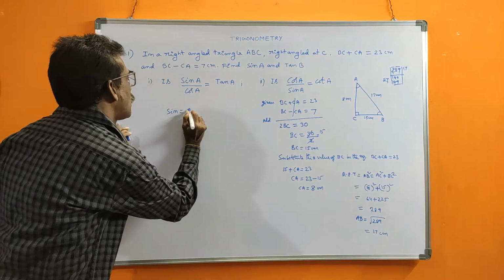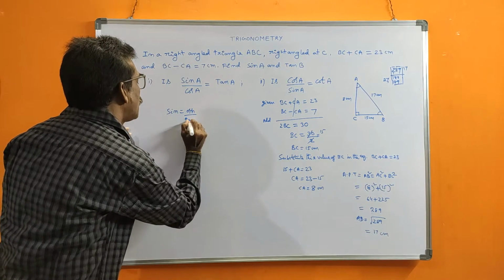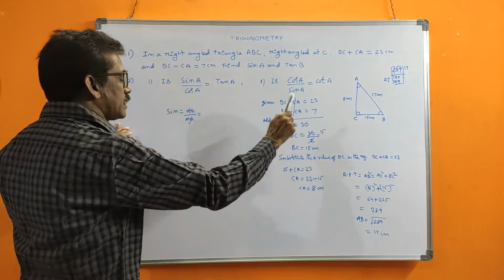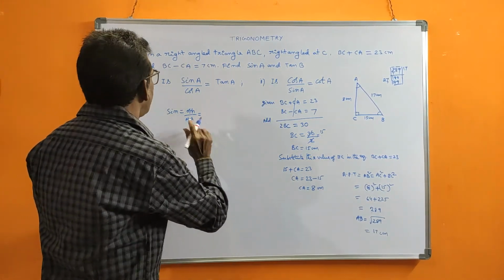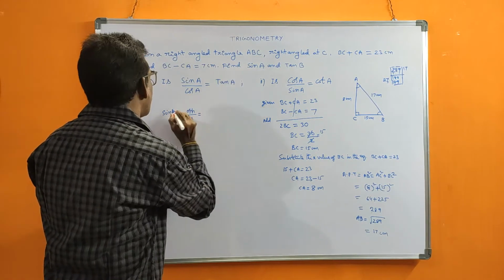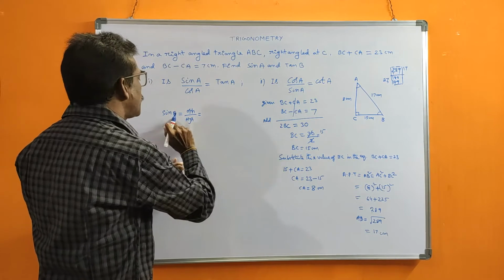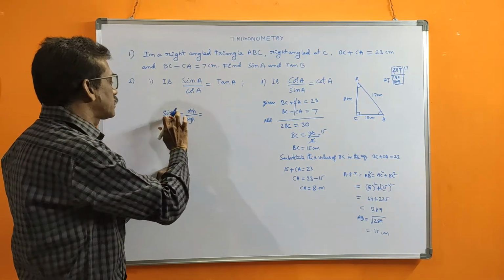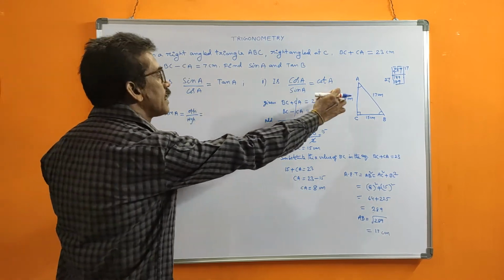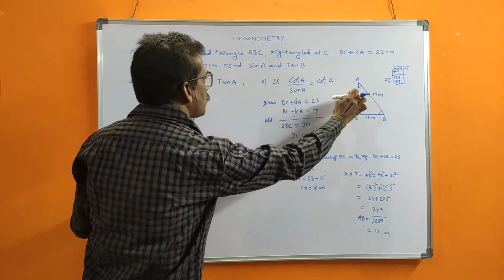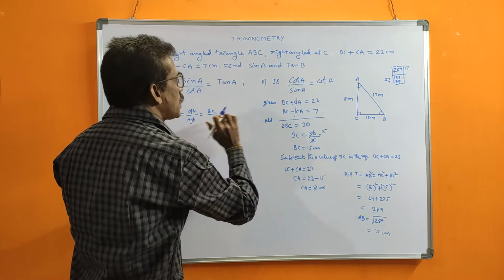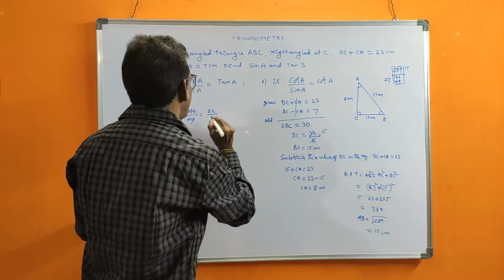Sin A means what? Opposite side by hypotenuse. Sin what he asked, along with the angle you should write sin A, opposite side by hypotenuse, because if the angle is not there we cannot write. So for A only you consider. The opposite side to this is BC, by hypotenuse AB.